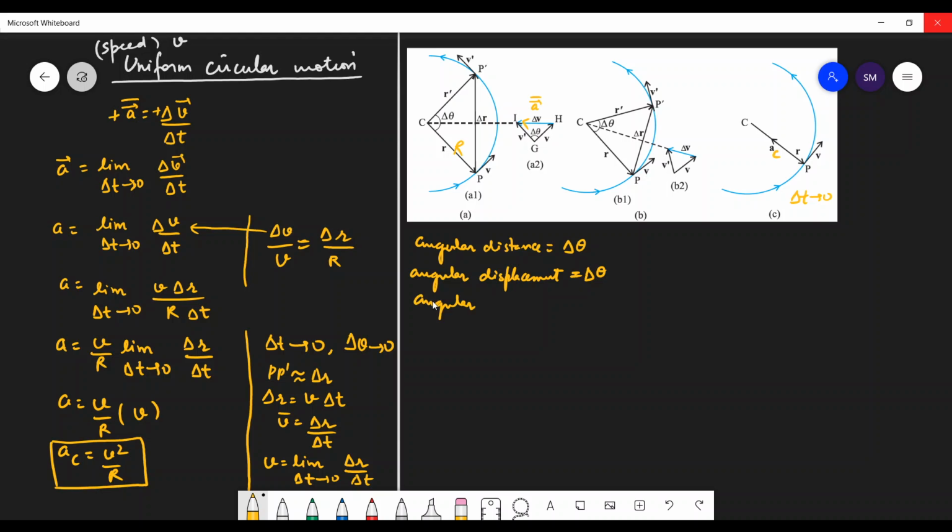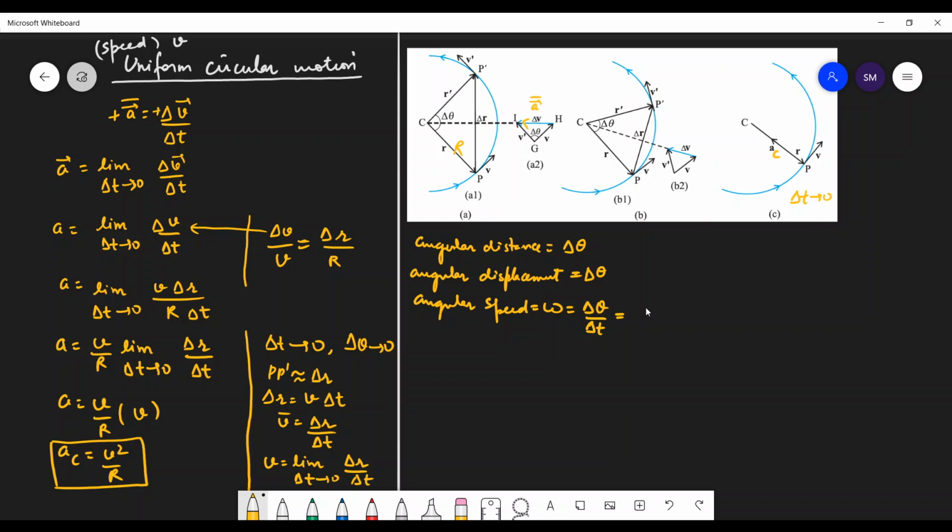So angular speed is equal to angular distance upon time, that is delta theta by delta t. I can write angular speed as omega, the Greek symbol omega, that is equal to delta theta by delta t.